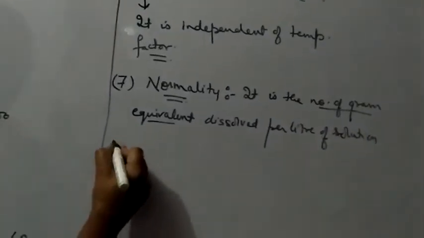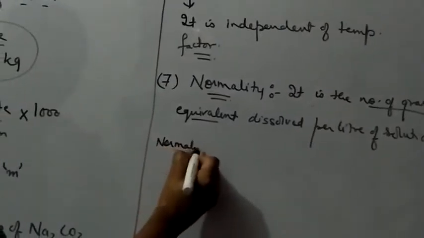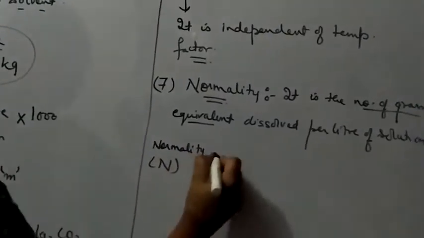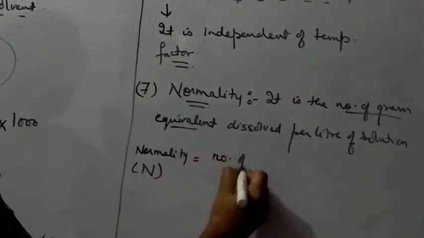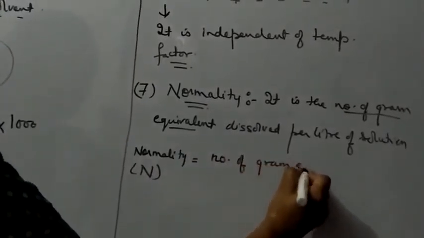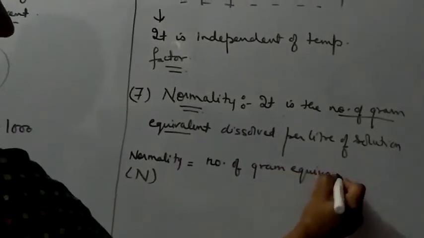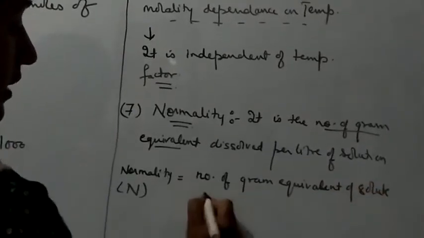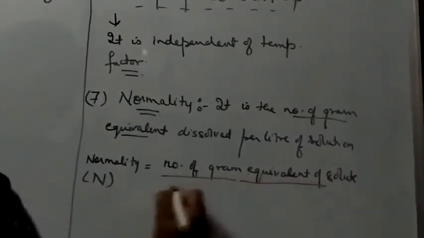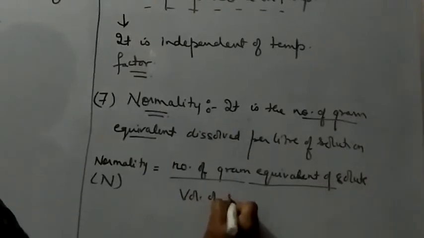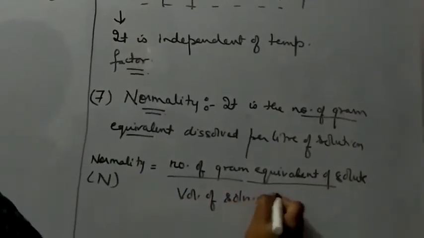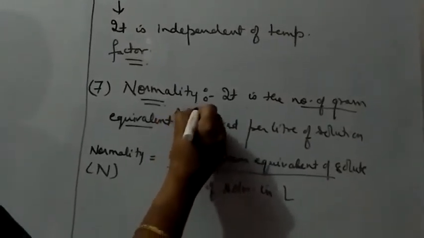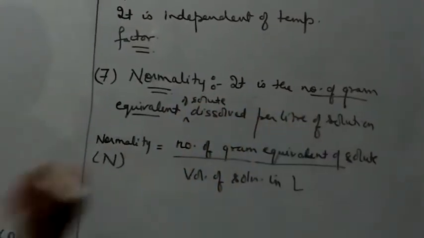So here the normality is expressed as capital N. Here we have to know the number of gram equivalent of solute, divided by the volume of solution in liter. So it is the number of gram equivalent of solute dissolved per liter of solution.